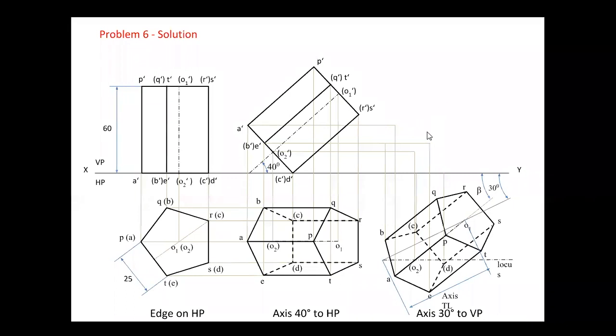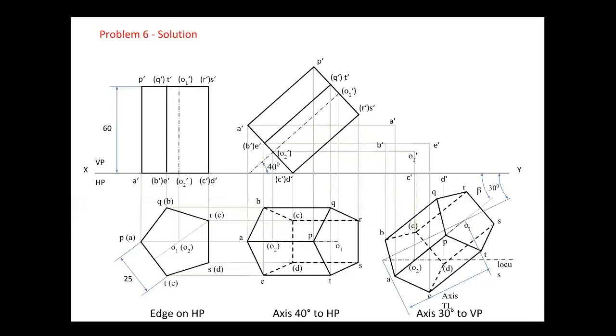I'm going to find the corners A, B, C, D and E. Once I get those corners, I'm going to name them A dash, B dash, C dash, D dash, and E dash. These are the corners of the bottom base, meeting at a point from the side projection as well as the upward projection.